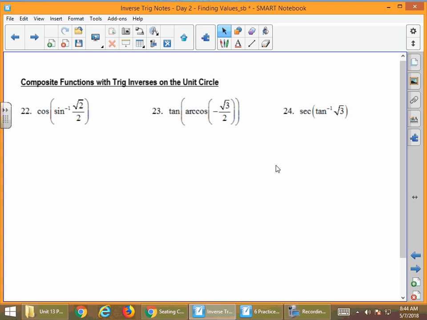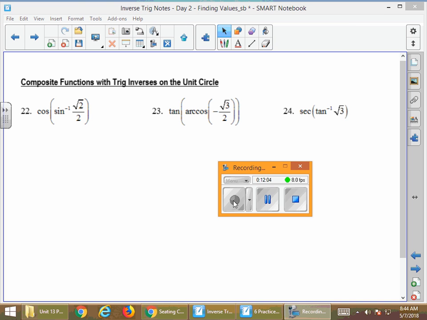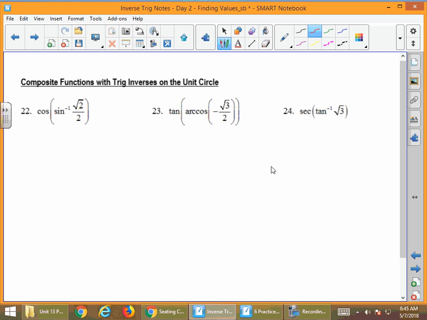We're going to be dealing with more than one function. And when we deal with composite functions, we need to start on the inside. So what I wrote on my paper is: start here.